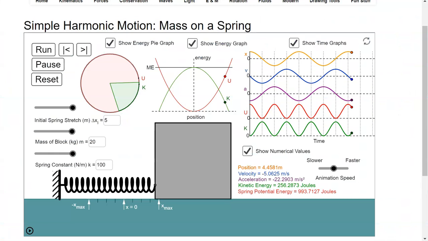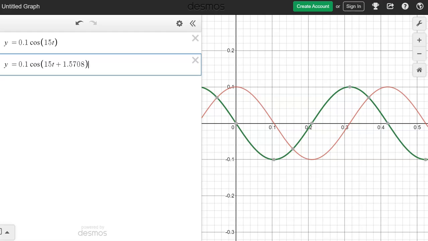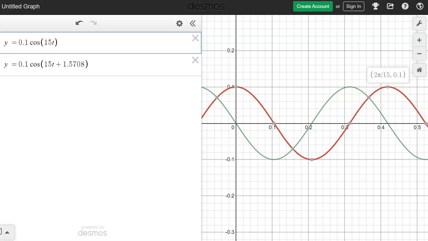I actually graphed it on Desmos here. This top red function is the original function. And look, it looks very much like the one I drew, a little bit neater. The period is at 0.419 here, so it is a little bit after the 0.4 on this graph.